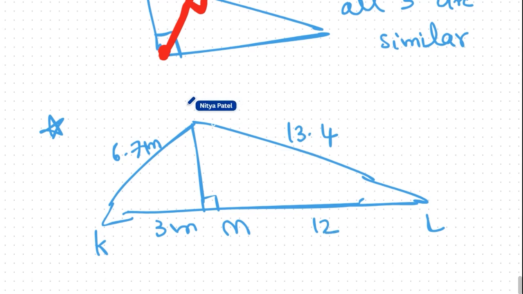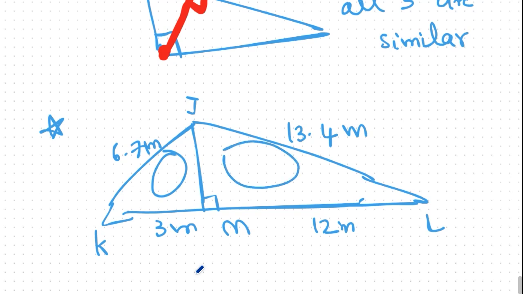The question is the same: find if any triangles are similar. JKM is similar to JML and JKL.